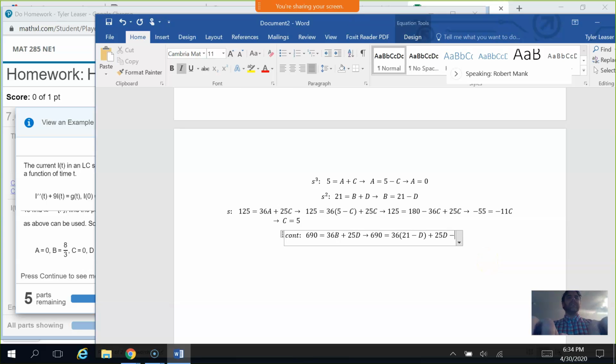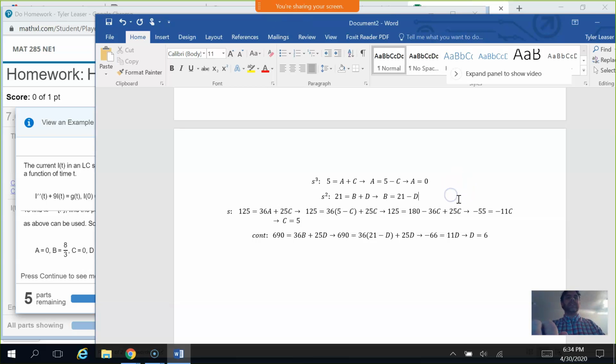Okay, and then again, we would use some calculator stuff to answer this one. I get negative 66 on the left-hand side, and then I get plus 11 on the right-hand side. In other words, it looks like D has to be 6.